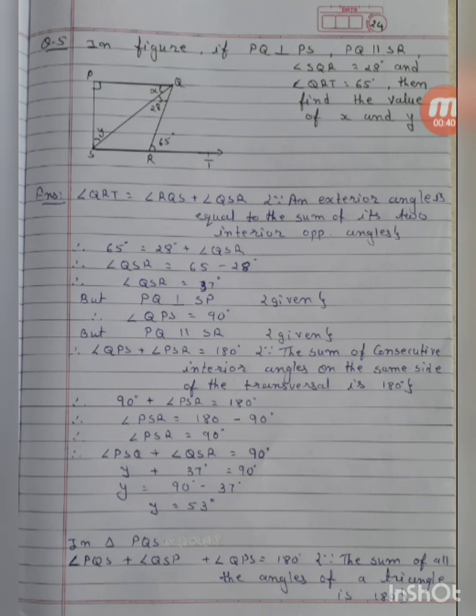Angle QRT is equal to angle RSQ plus angle QSR, because an exterior angle is equal to the sum of its two interior opposite angles. Now you can take here triangle QSR; QRT is the exterior angle of this triangle. So I write here angle QRT is equal to angle RSQ plus angle QSR.